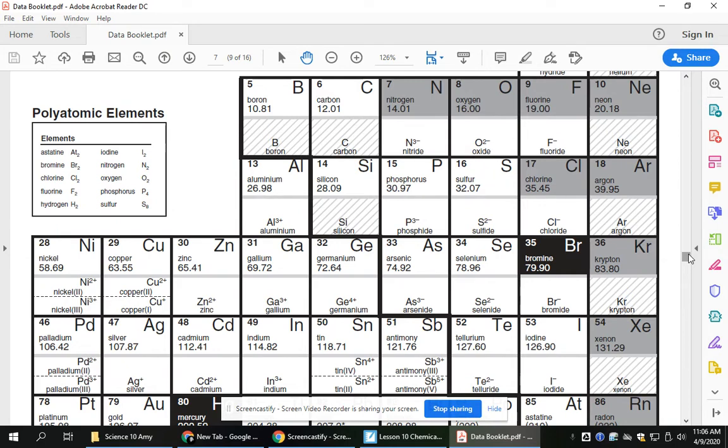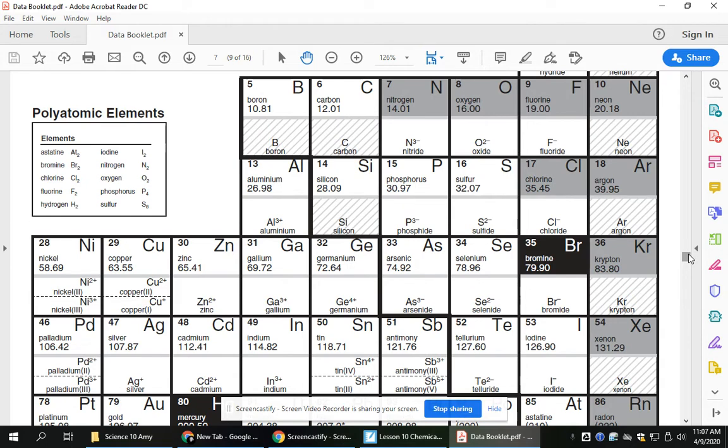In this box, we have hydrogen, oxygen, fluorine, chlorine. We have a number of elements that come naturally in pairs, or for phosphorus and sulfur, group of 4 or group of 8. These are the only elements on the periodic table that are going to have a subscript when they're written by themselves.